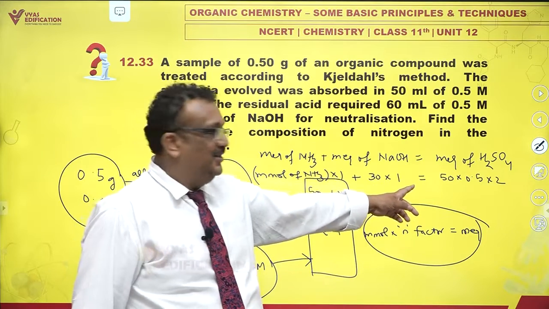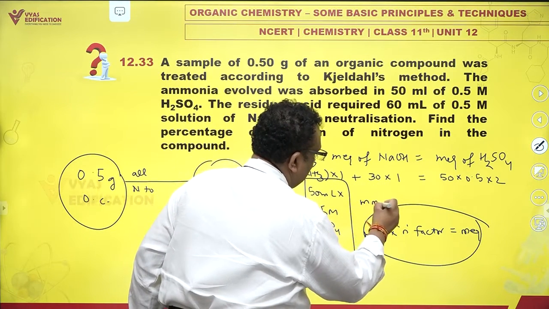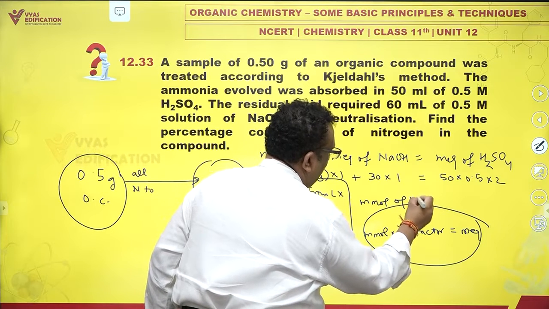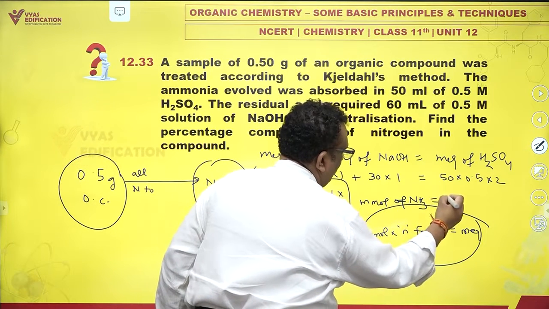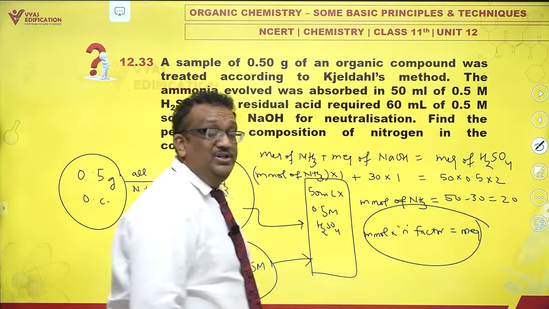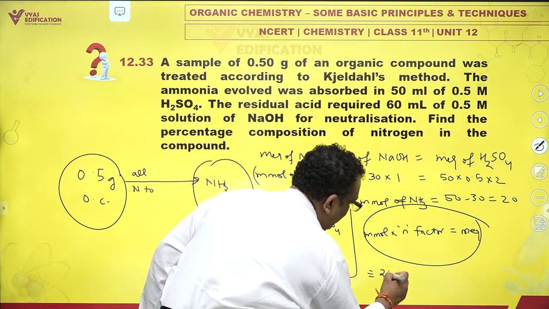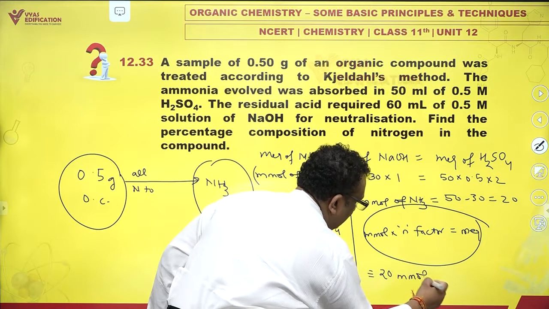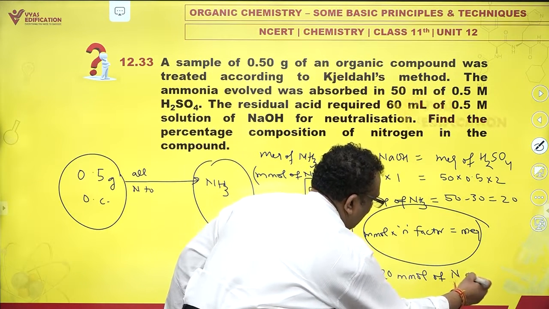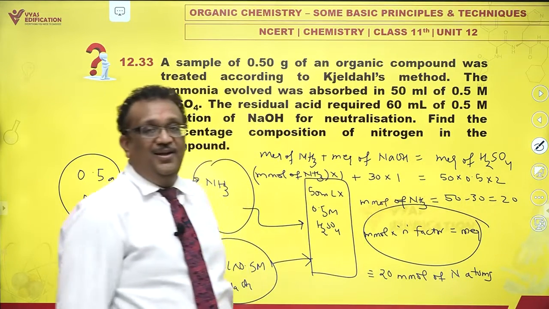How much is this? This is 50, this is 30. So millimoles of ammonia comes out to be 50 minus 30, which is 20. We have 20 millimoles of ammonia. That means this corresponds to 20 millimoles of nitrogen atoms, because one ammonia contains 1 nitrogen atom.